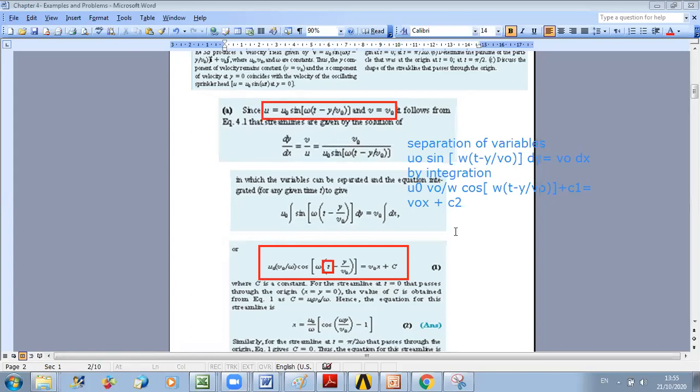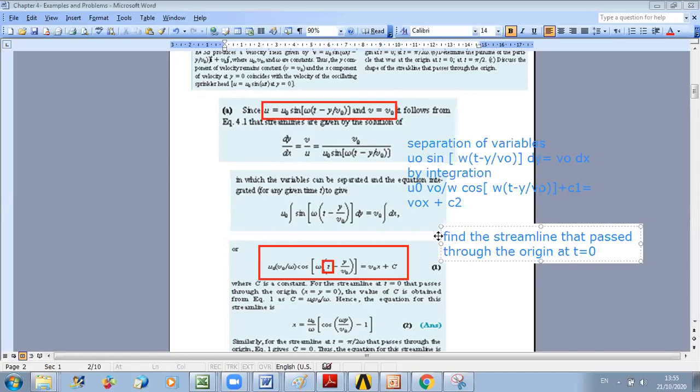So our purpose is to find the streamline that passes through the origin at t equals 0. The first step is to find the streamline at t equals 0, which can be obtained by just replacing the parameter t by 0.